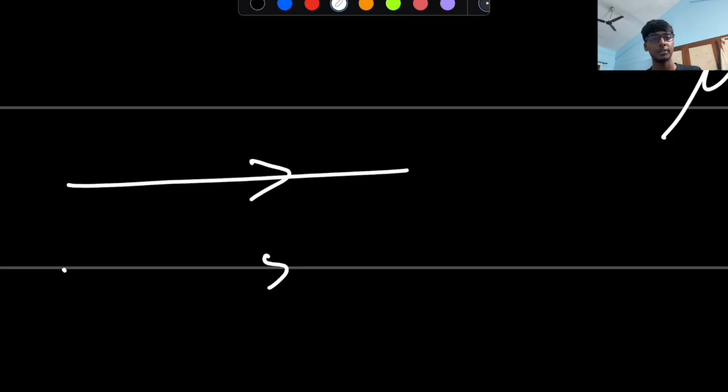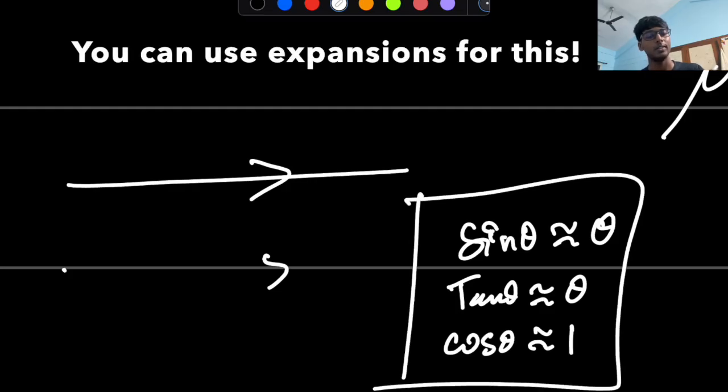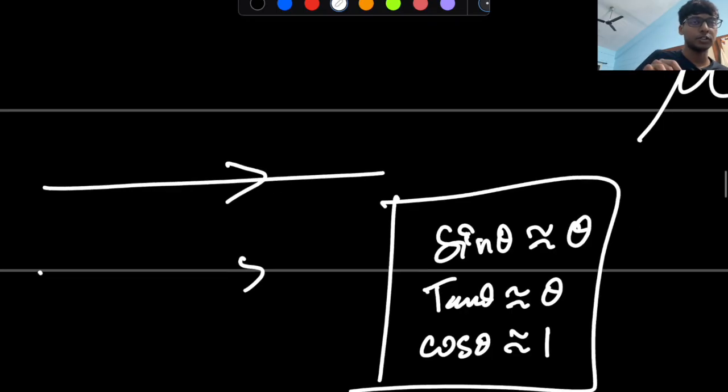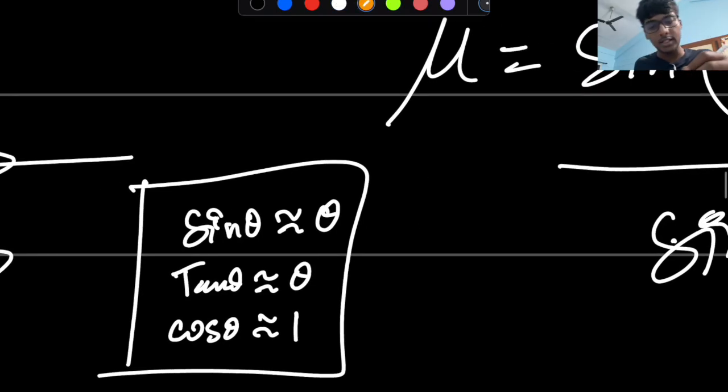So whenever theta is small in mathematics, what we do is sine theta is essentially going to tend to theta, tan theta will also tend to theta, and cos theta will tend to 1. This can be easily visualized like tan of 0 is 0, sine of 0 is 0, cos of 0 is 1. So anything close to 0 will be almost the same value. So you can visualize it like that. So obviously theta is in radians. Please bear that in mind. It's not in degrees. It's in radians.